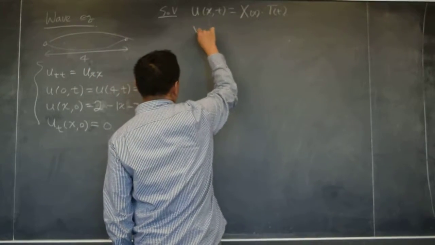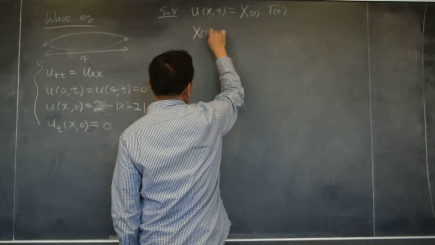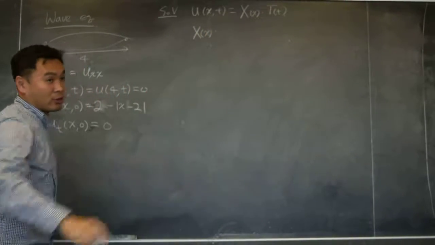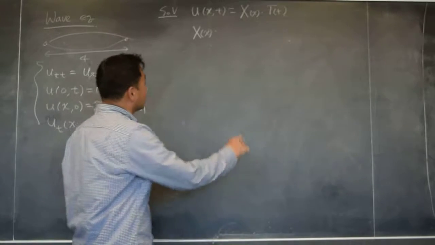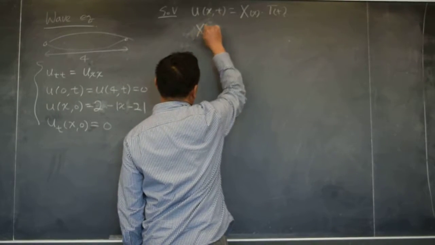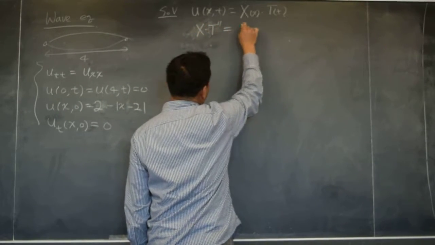What do you get on the left side? X times T double prime. On the right side, what do you get?